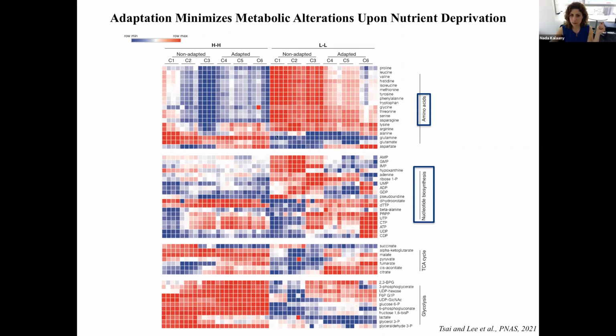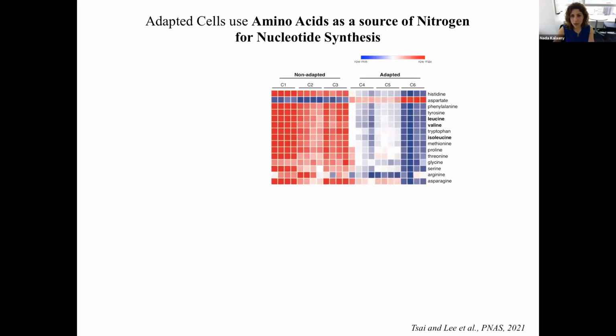So you will see here, as you saw before, there's mitigation or suppression of this increase in amino acids in the adapted cells. And we thought that that would be the result of usage of these amino acids. So now, comparing them next to each other, just as 2 groups, you will appreciate this difference much more. Again, the adapted cells have lower levels of amino acids under low conditions.